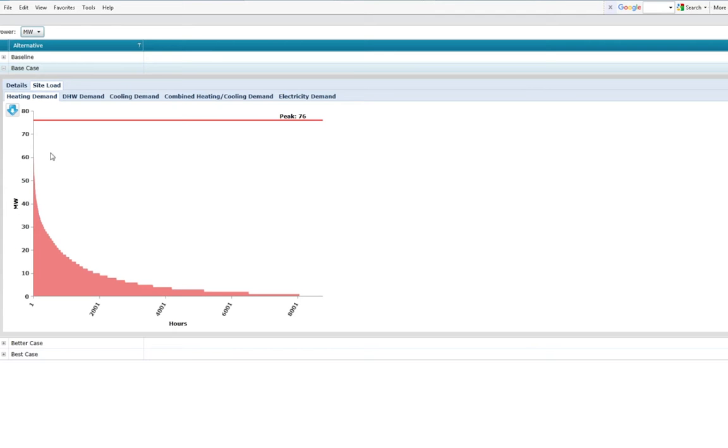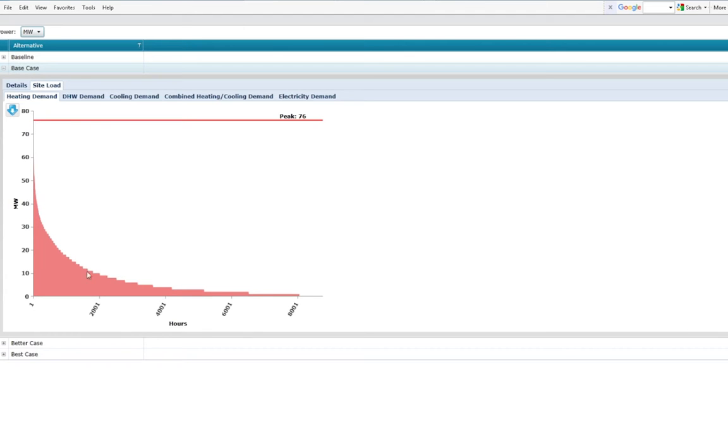And this is what I see when I see this. Remember, this is our base case, and we'll check the shape of this in a minute in our better and best case, or at least in our best case. What I see is a lot of peak capacity here. So you see that you got this, what I call a needle peak right here. In other words, I'm buying equipment to meet this peak here, but I'm not using it very much.